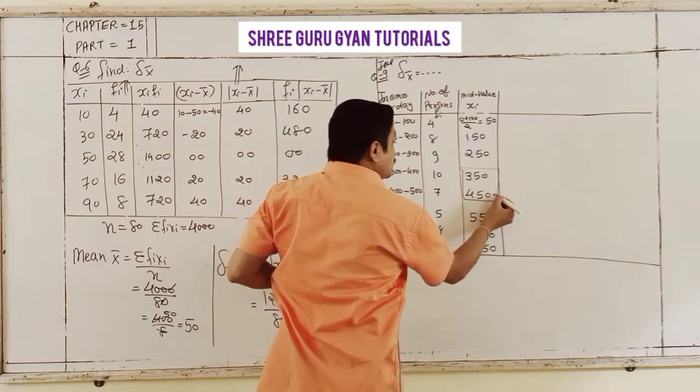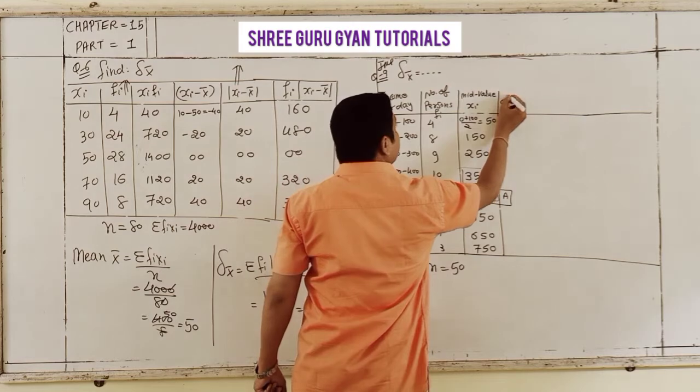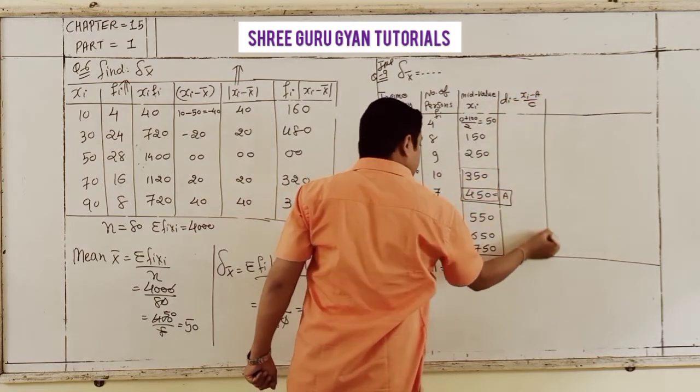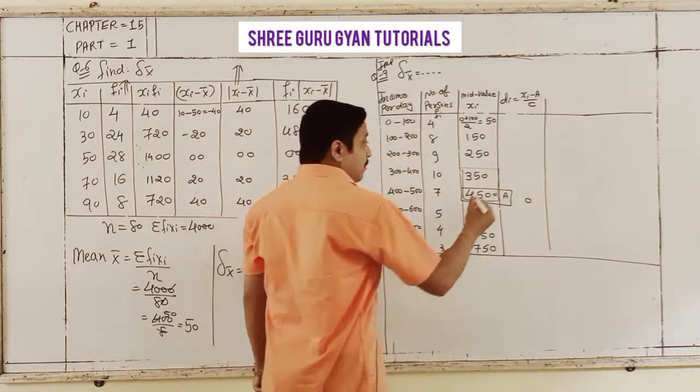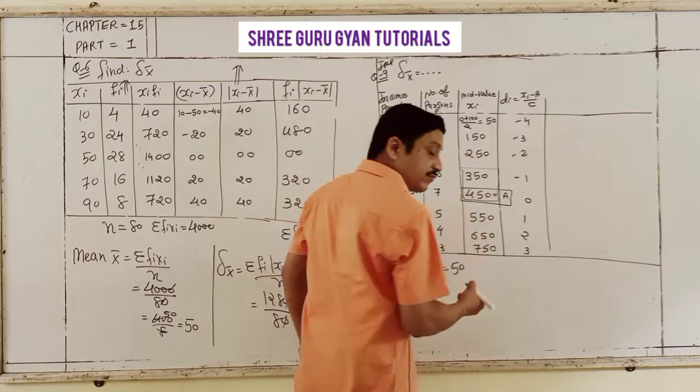I will take the assumed mean a and define my di column as xi minus a upon c. This is 0, minus 1, minus 2, minus 3, minus 4, and here 1, 2, 3.